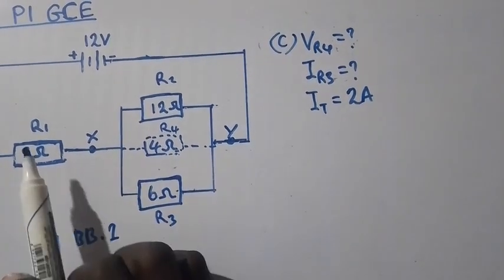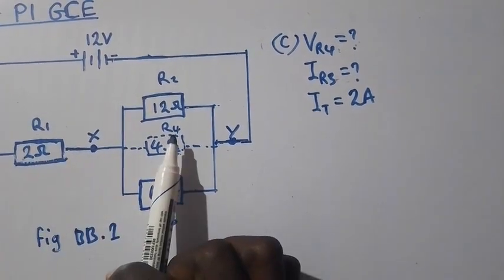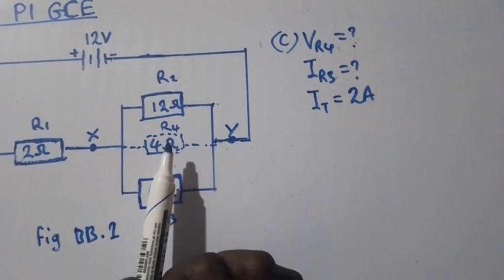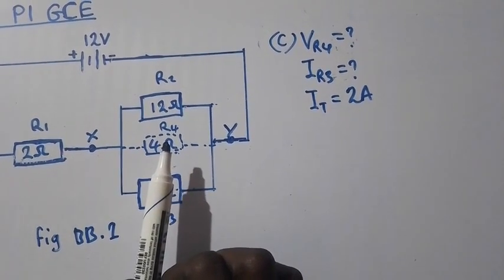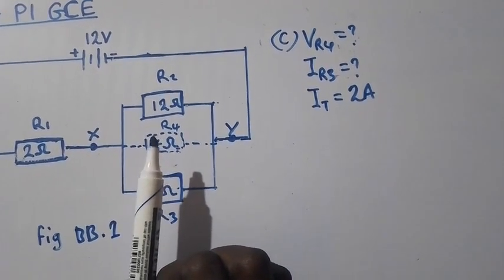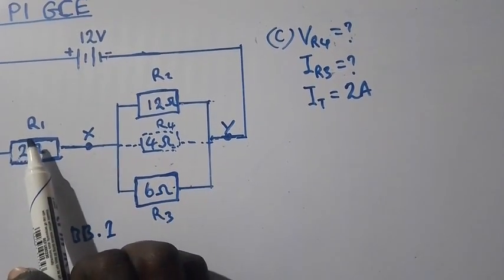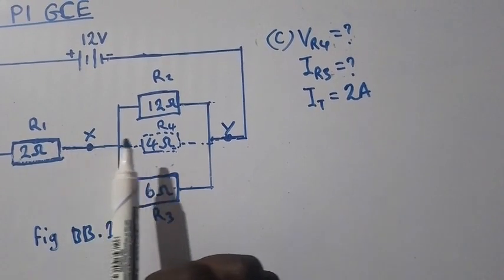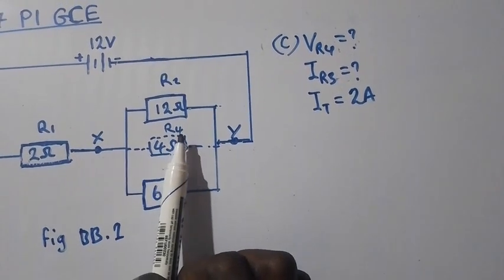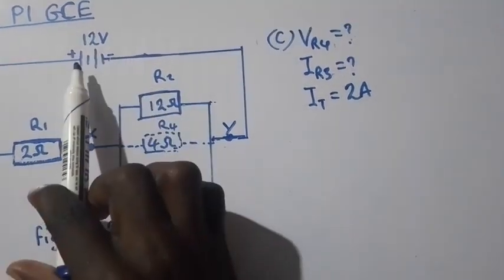R1 and R4 are connected in series. And remember, in series, current remains the same. So the current that is passing through resistor 1 will be equal to the current that will pass through resistor 4, and it will be equal to the current that is coming from the battery.